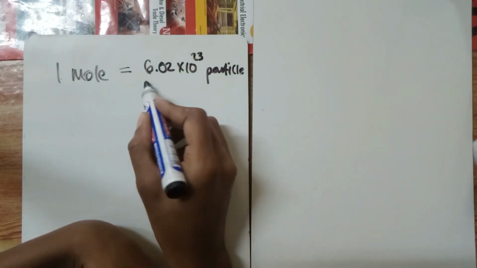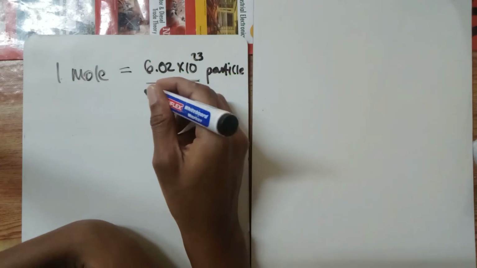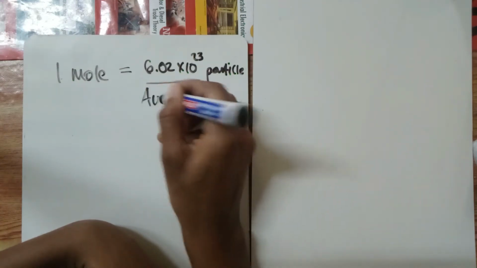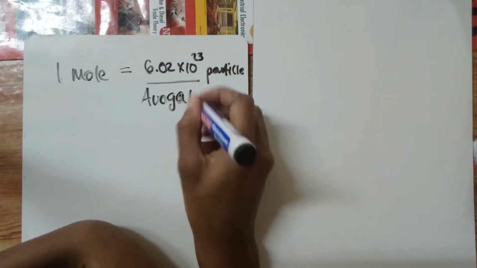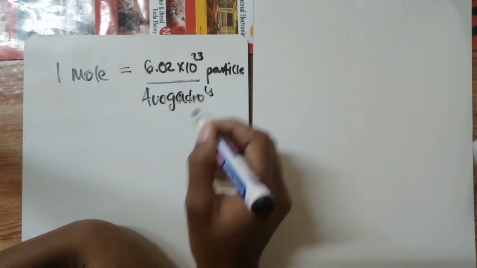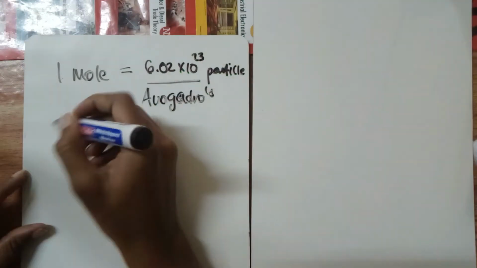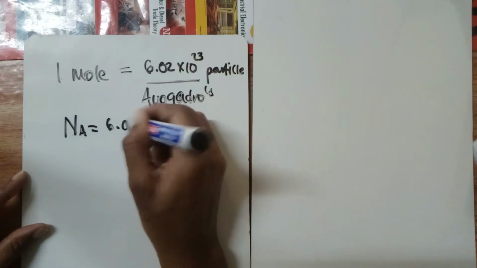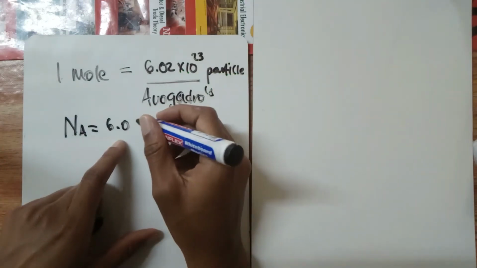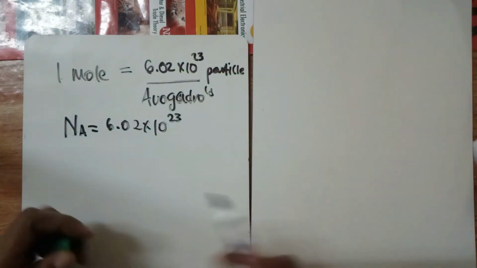And I'm sure you already recognize this number. This is what we commonly refer to as Avogadro's number. Do you write Avogadro's number or Avogadro's constant, depending on whichever one you use? We normally say it is Na, and it equals 6.02 multiplied by 10 to the power of 23.